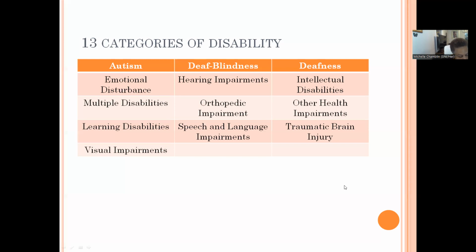Number 4: with or without amplification, this disability affects educational performance and developmental progress. The impairment may be permanent or fluctuating, mild to profound, unilateral or bilateral, but this category includes impairments not included under the definition of deafness.